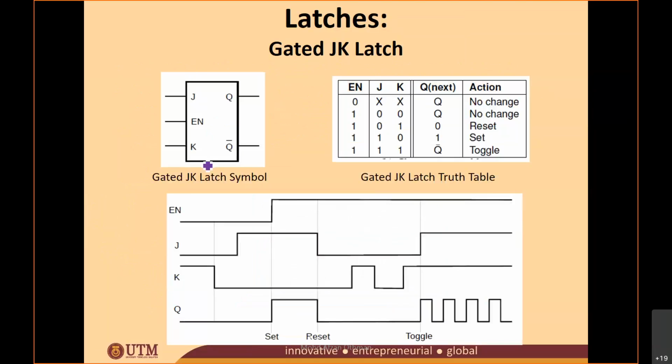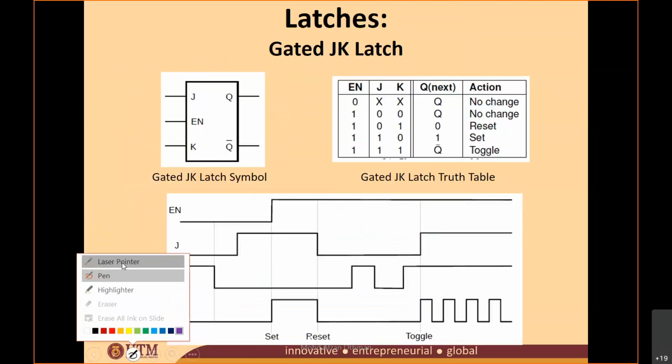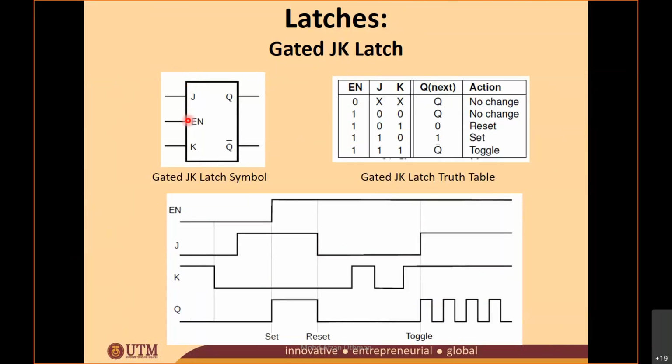Okay, so this is the symbol of the gated JK. Kamu ada input J, enable, and K as an input. Output is Q and Q bar. And this is the truth table of gated JK latch. Bila enable is kosong, sama jugalah.